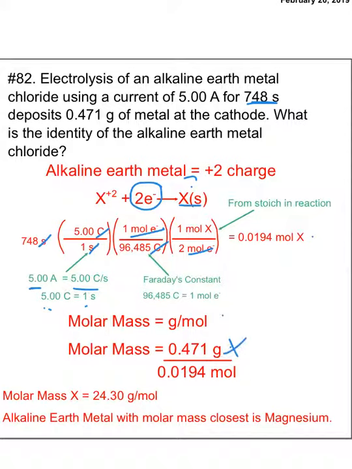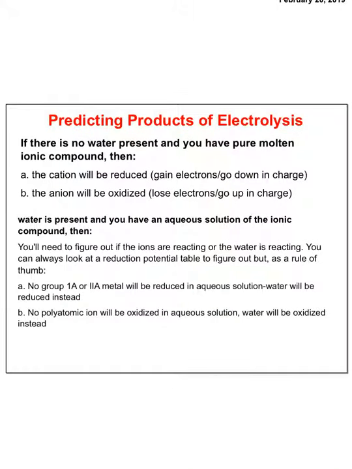So grams of X divided by moles of X, right? 0.471 grams divided by 0.0914 moles will give me the molar mass of 24.3 grams per mole of this metal that I'm producing. So what alkaline earth metal in that second column has a molar mass of around 24? It's magnesium.